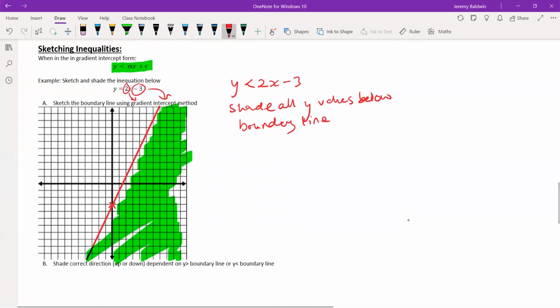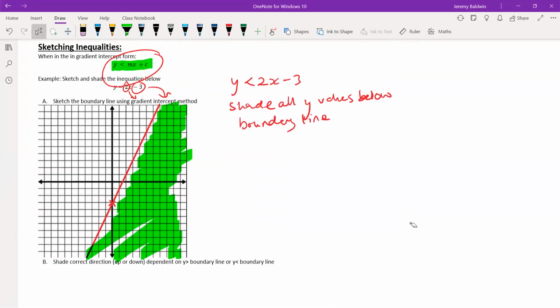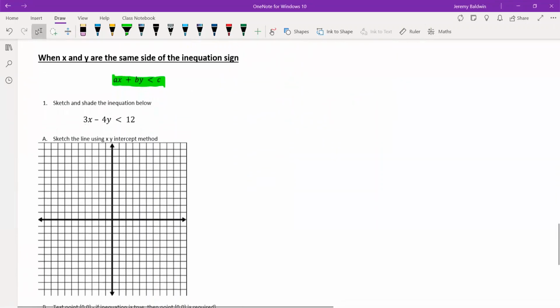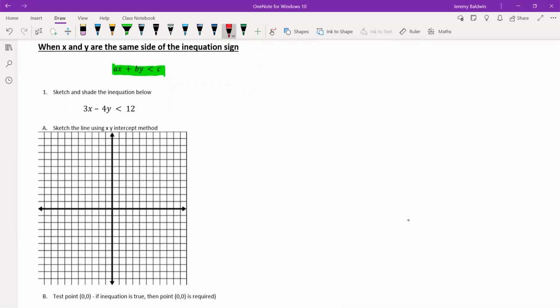And actually, you can always use this method if you just rearrange. If you have this one, you can just rearrange it into a gradient intercept version. Now, if you have x and y on the same side of the inequation, here's an example of that. You can still plot it without rearranging, and the method's slightly different. You'd probably use the x, y intercept method to plot it to start with. Just to remind you, that's subbing in x is 0 first to find the y intercept.